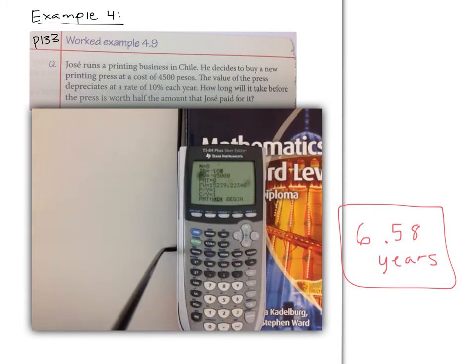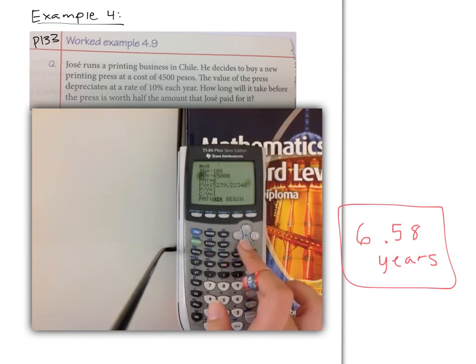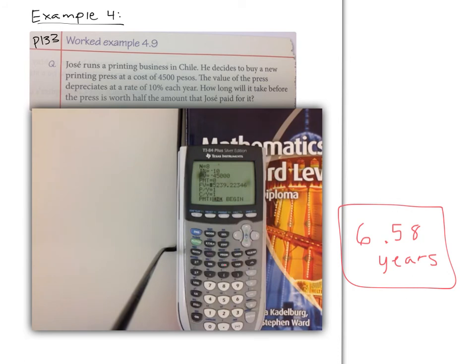How long will it take before the press is worth half the amount that Jose paid for it? So if the present value is negative 45,000, half of that value, the future value, would be 22,500.